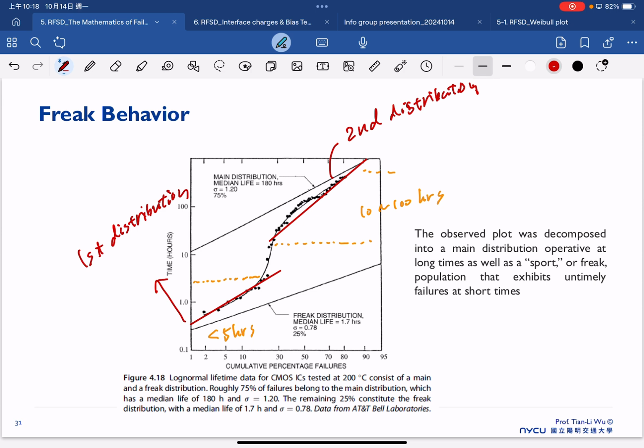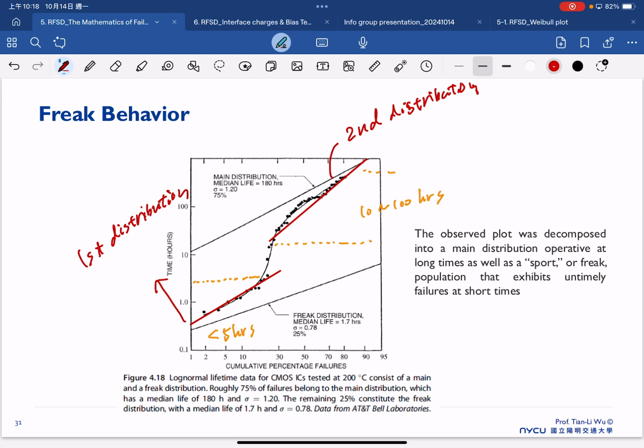But this actually gives us understanding that because there are two different mechanisms in the short term and long term, that's why we need to apply two different distribution functions.